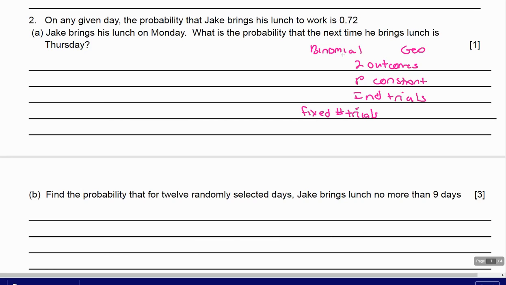In a geometric distribution, theoretically, it could go on forever. Because what are we interested in in a geometric distribution? The first time we have a success, okay? In a binomial distribution, we're looking at, out of these trials, how many of them were successful. Okay, so which one of these situations are we talking about here in number 2?